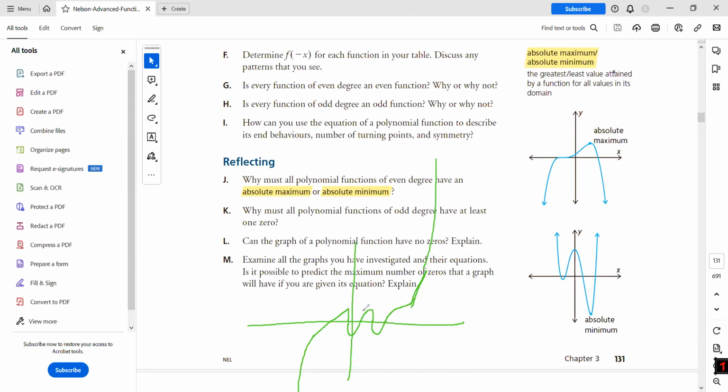One more property: the maximum number of zeros that the function can have equals the degree of this function, because basically it means the number of times that you can cross the x-axis.